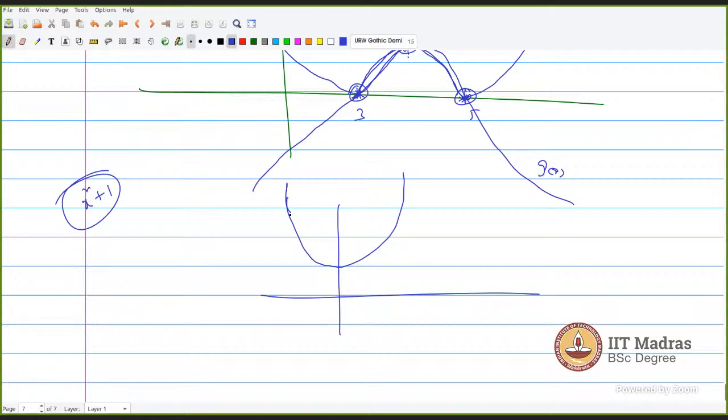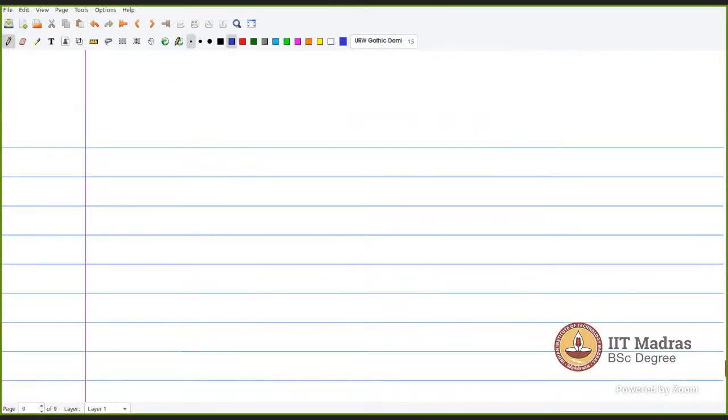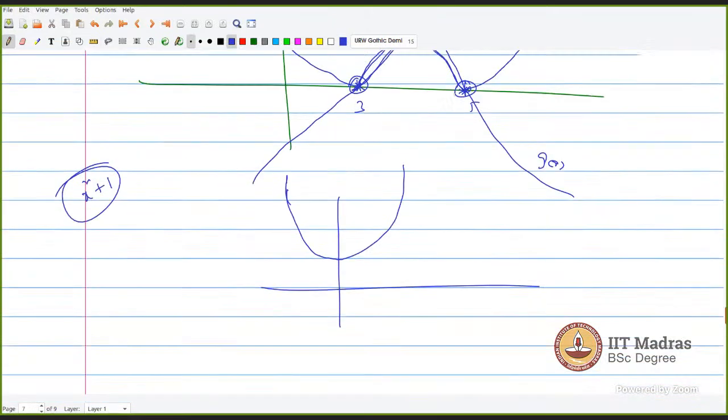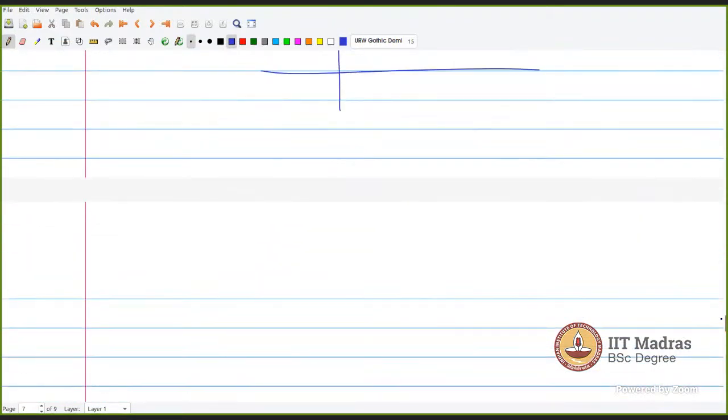Sir, do we count the repeated root? Do we count it 2 times? No. As of now in this course, we are not counting. But the thing is, that depends on the convention we take. Some people say there are 2 roots for this particular quadratic equation (x minus 3) whole square. Some say there are 2 roots, 3 comma 3.